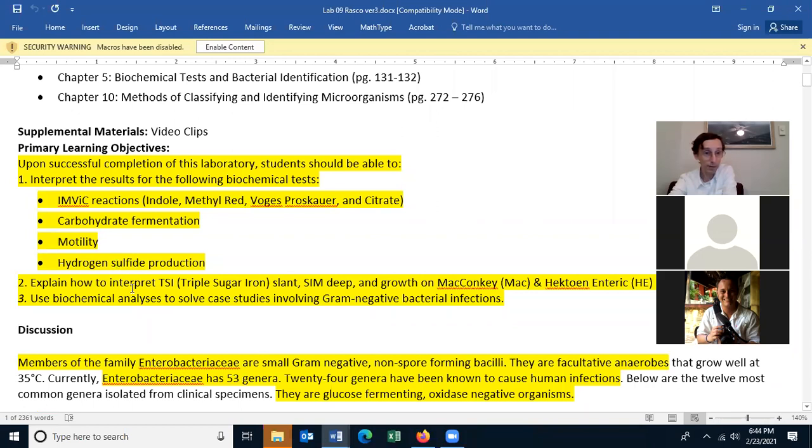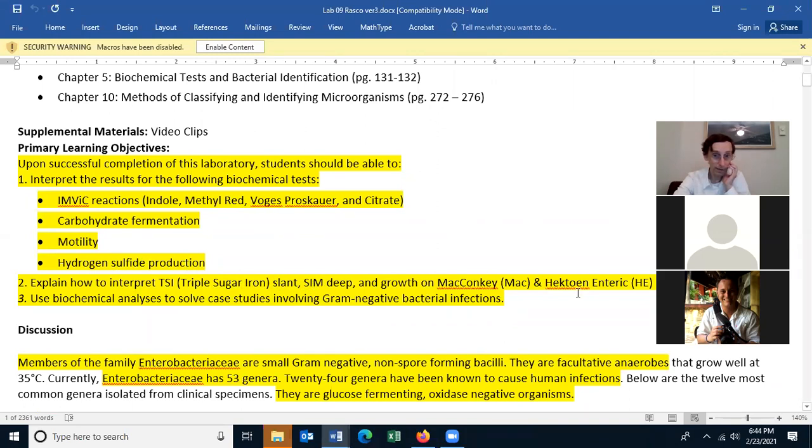Explain how to interpret the TSI, the triple sugar iron slant, which is how we're doing the hydrogen sulfide test. The SIM deep tube also gives hydrogen sulfide: S for sulfur, I for indole, M for motility. So that's what SIM stands for.